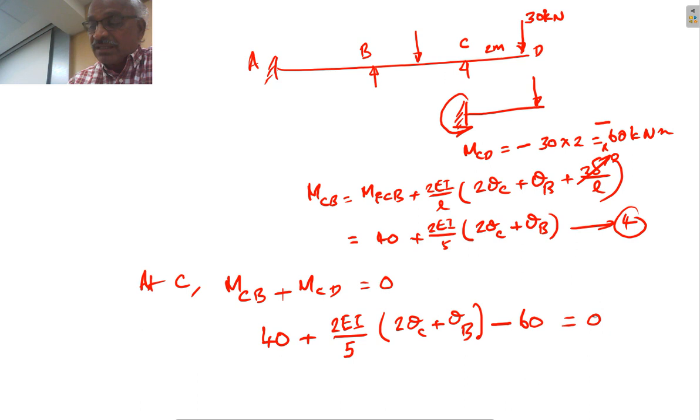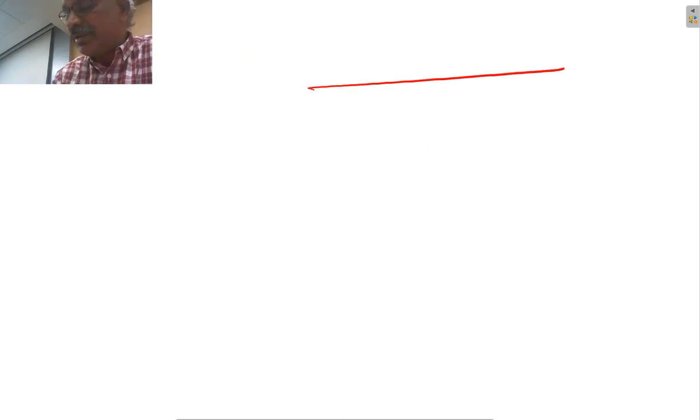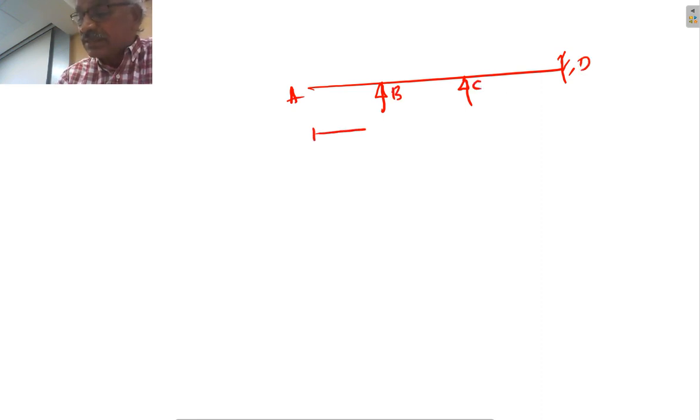So this is having the overhang on the right hand side, right. Now suppose the overhang is on the left hand side. So this is the beam, let us call this A, B, C, D. This is 2 meters.